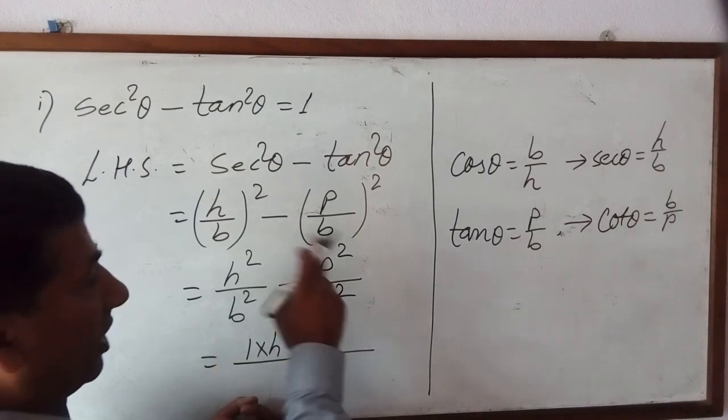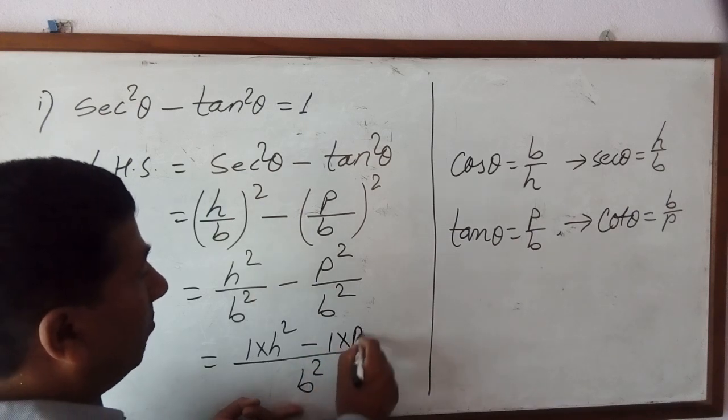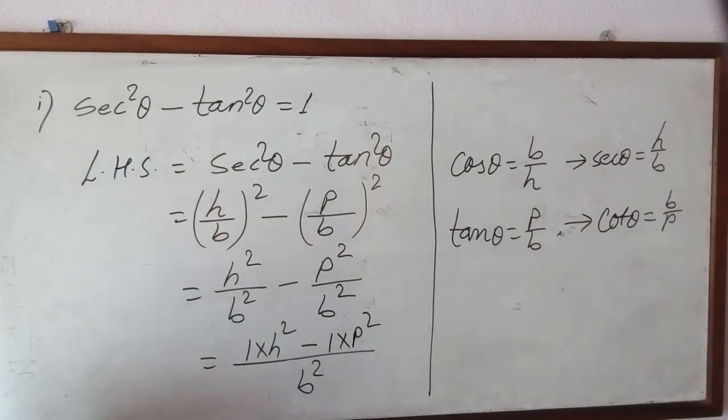By that 1 we multiply the numerator, giving 1 times p square.